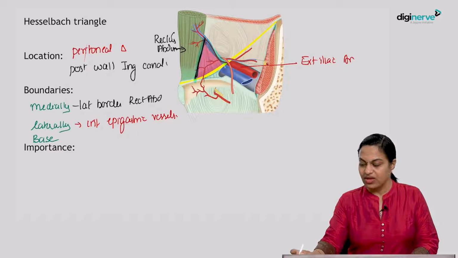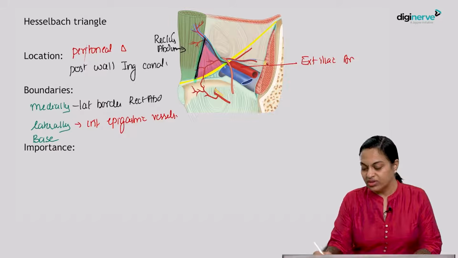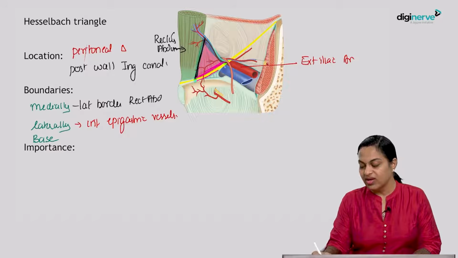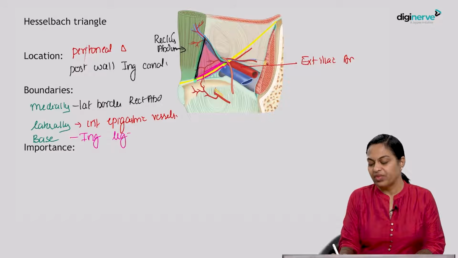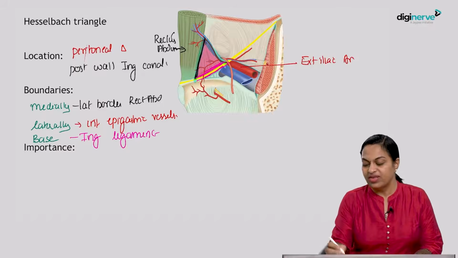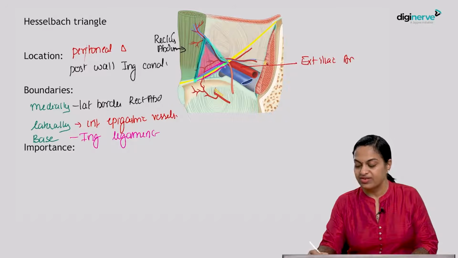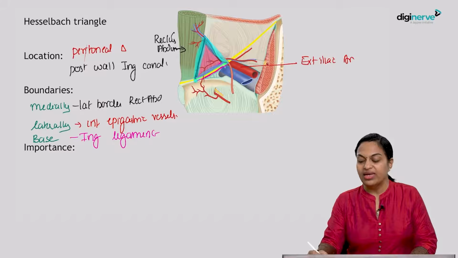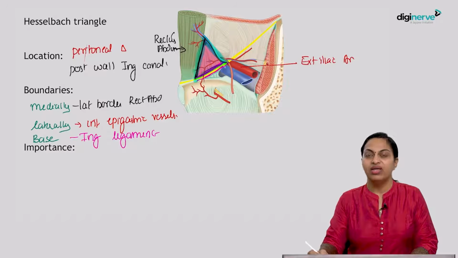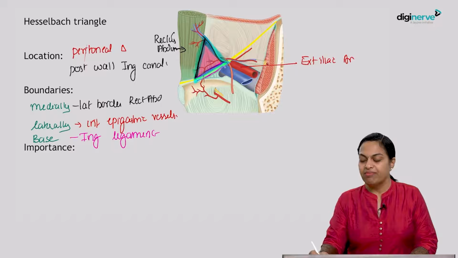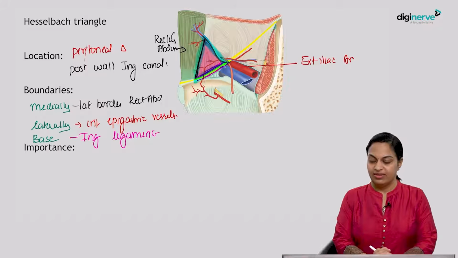The base of Hesselbach's triangle is formed by the inguinal ligament. So this is the area of Hesselbach's triangle: medially by the lateral border of rectus abdominis, laterally by the inferior epigastric vessels, and below by the inguinal ligament.